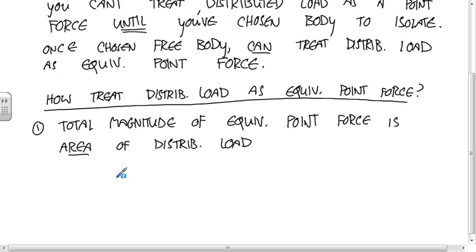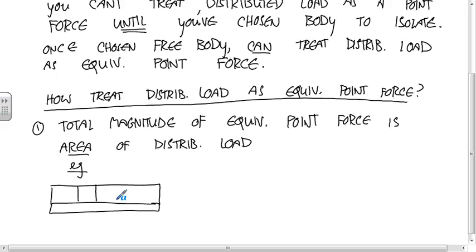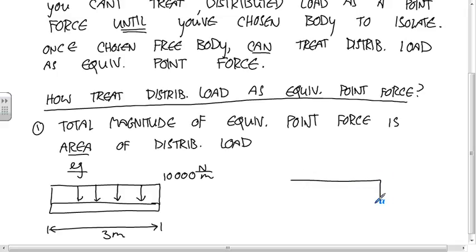So as an example, if you have a distributed load of 10,000 newtons per meter and a length of 3 meters, then just think of the rectangle of the distributed load.